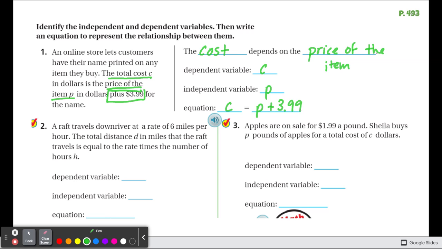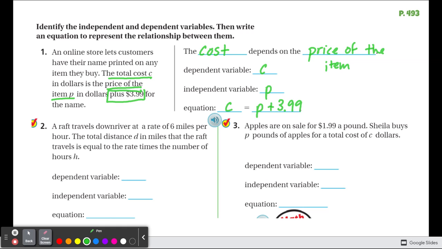All right, we're going to look at number 2. A raft travels downriver at a rate of 6 miles per hour. The total distance d in miles that the raft travels is equal to the rate times the number of hours. So think about which one is the dependent and which one is the independent. So I'll read that again.